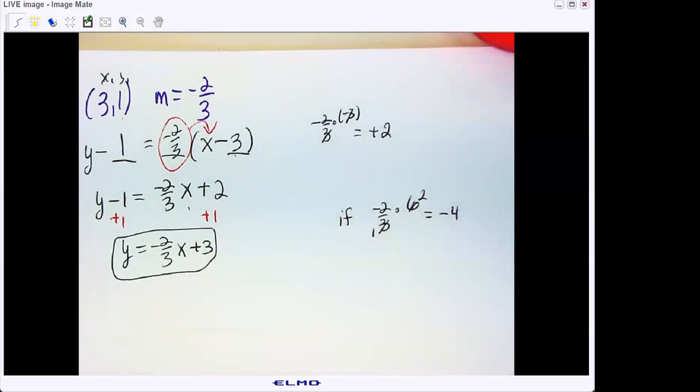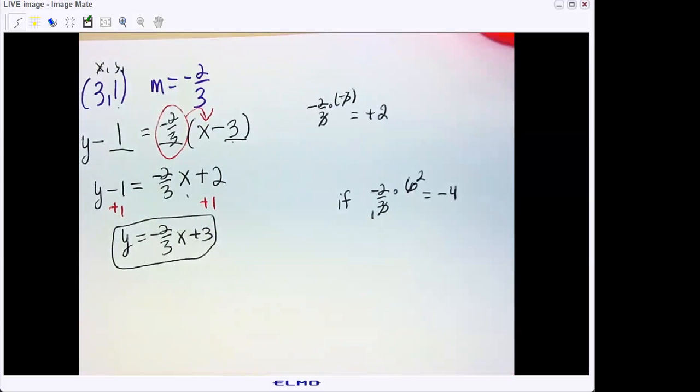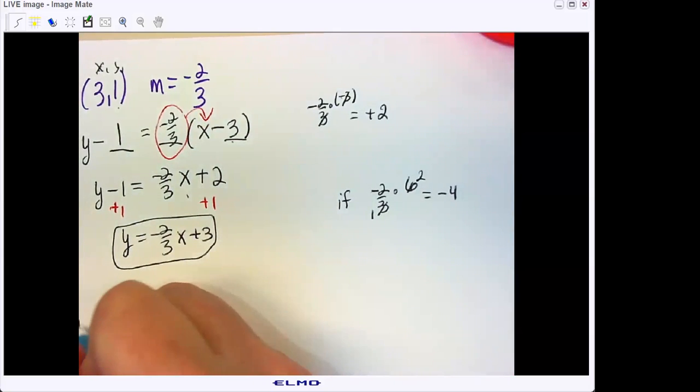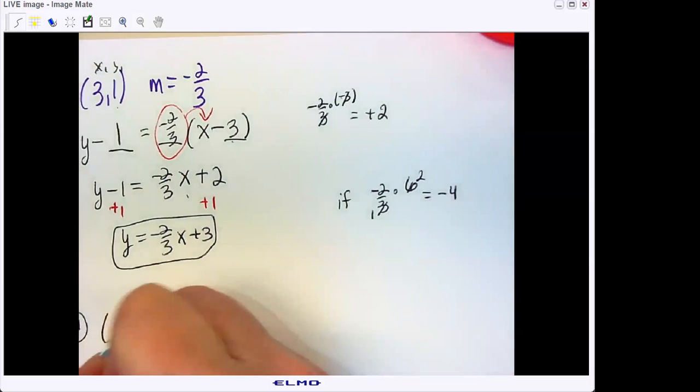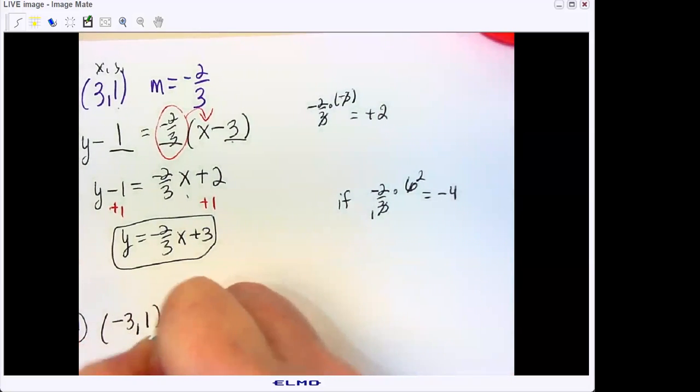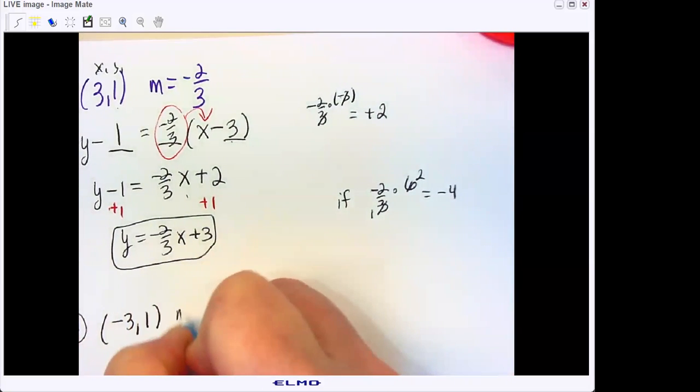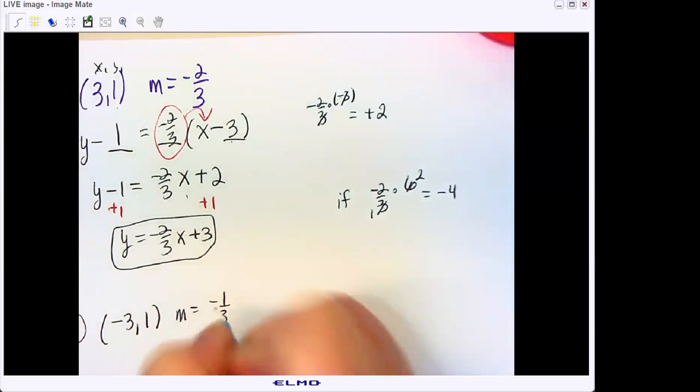Okay, let's do one more. Let's do number 11. Okay, so my point is negative 3 comma 1, and my m is negative 1/3.